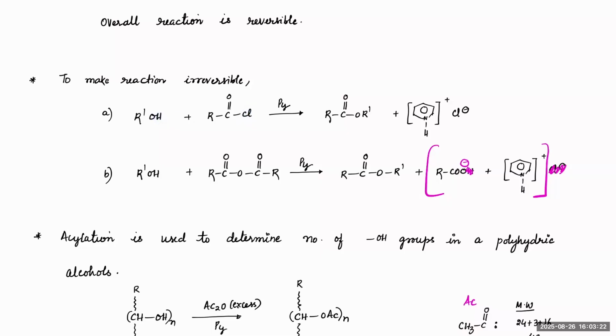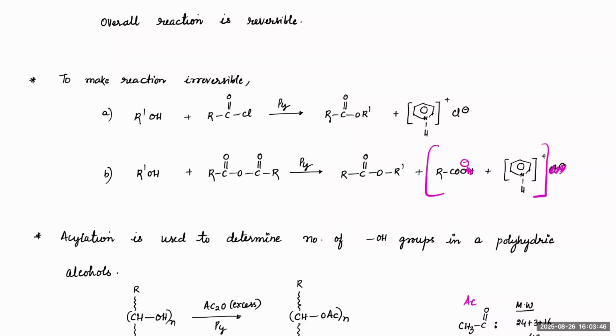But the problem is, if esters find that there is an acid, they'll immediately try to go backwards. They will react and again they'll go backwards, correct? So you want the acid to get neutralized. What is the solvent you take? Pyridine, correct? So what will pyridine do? Pyridine immediately neutralizes that HCl and converts into pyridinium chloride.